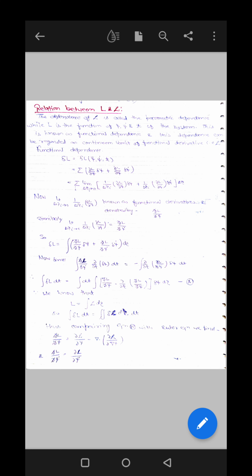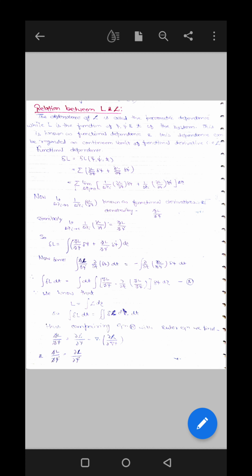This comes from the partial derivative relations, and this can be written as the summation, in the limit delta tau I tends to 0, of 1 over delta tau I del L over del psi plus 1 over delta tau I delta L over delta psi dot, delta tau.